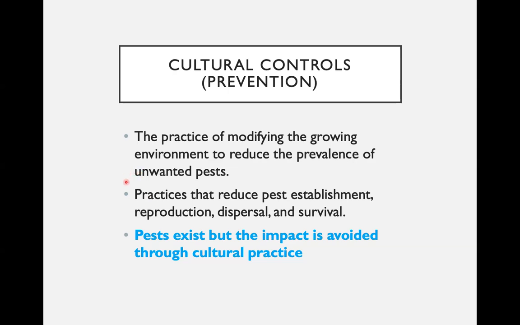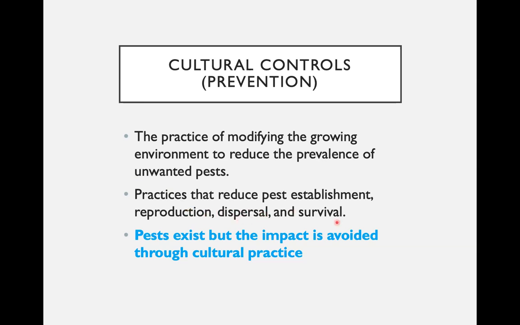This means that pests are still going to exist on the farm, but the impact of them is going to be avoided through these practices, which help reduce the pest's ability to establish in the environment, to reproduce, or to disperse, move around and survive.